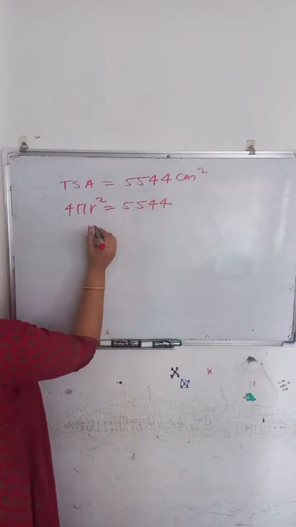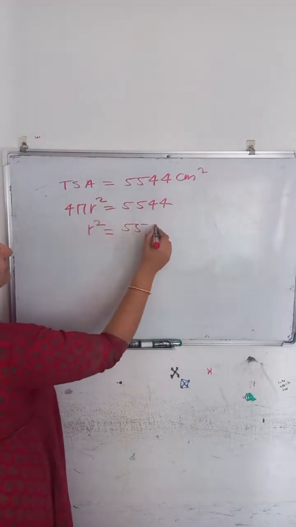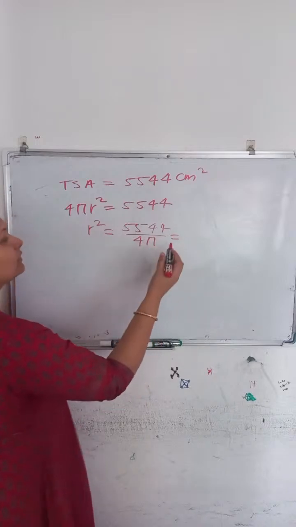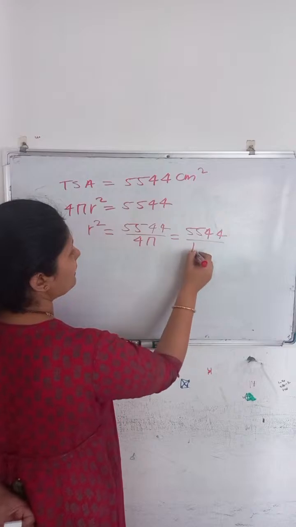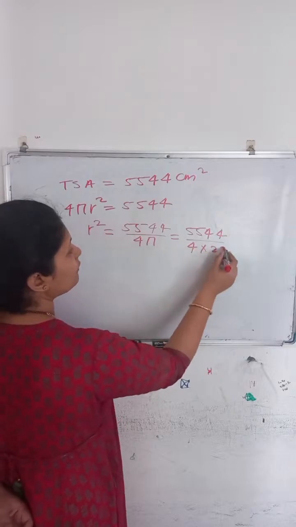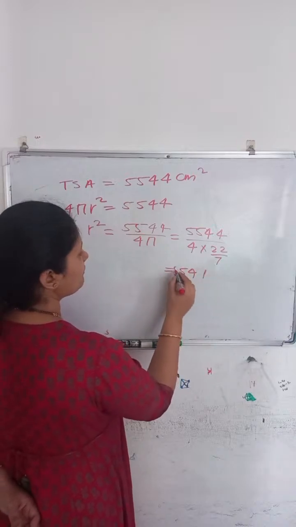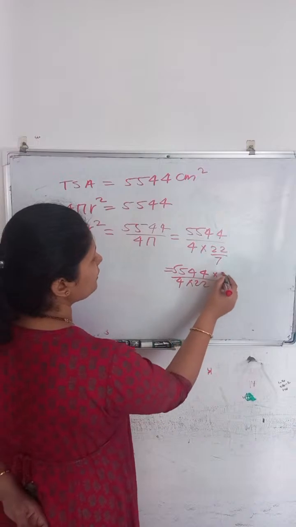So 5544 equals 4 pi r square. You can keep r square as it is and transpose all the other terms over here, divided by 4 pi. I will take the value of pi as 22 by 7. So r square is 5544 divided by 4 into 22, into 7.